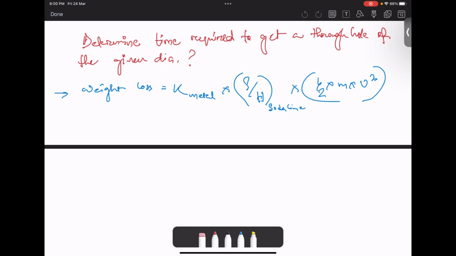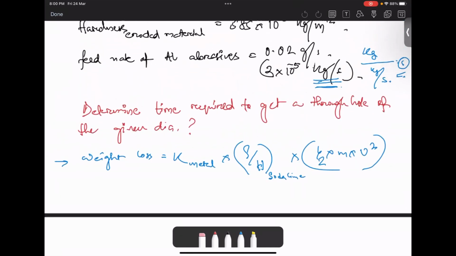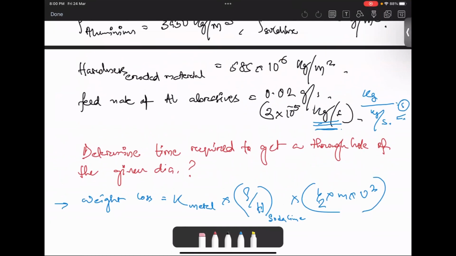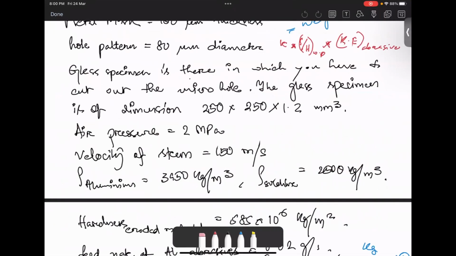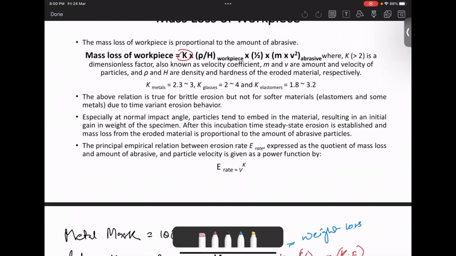So we are talking about the time required. Continuing with that, weight loss is given by this particular equation, and in our case, we have seen here that the constant K for metals happens to be in the range of 2.3 to 3.